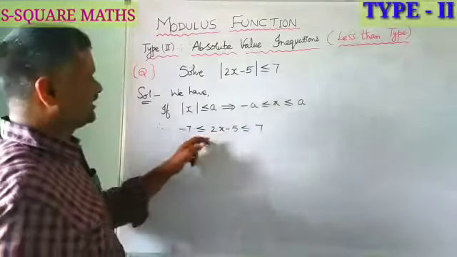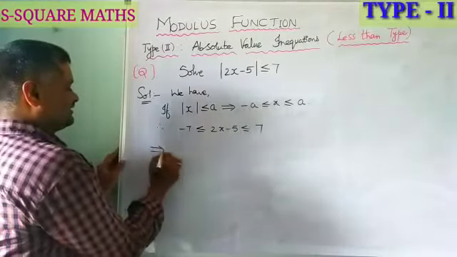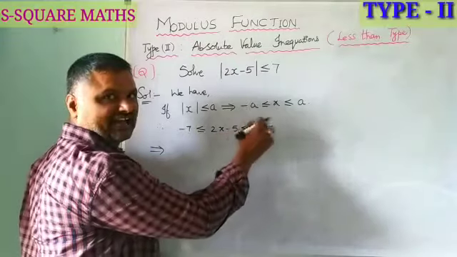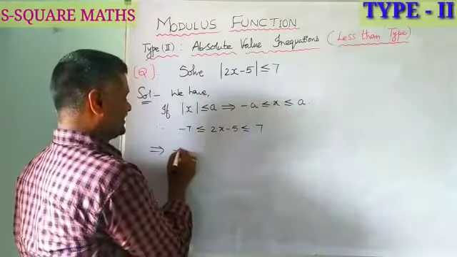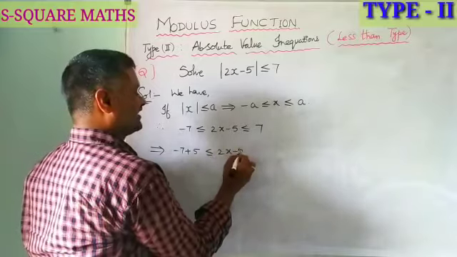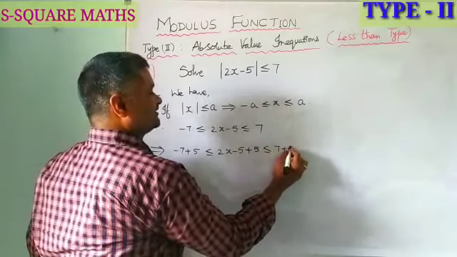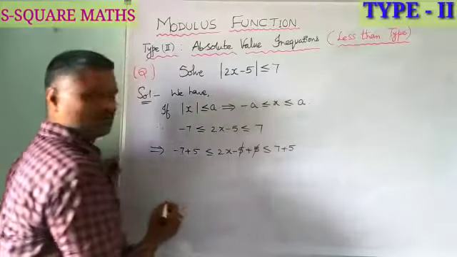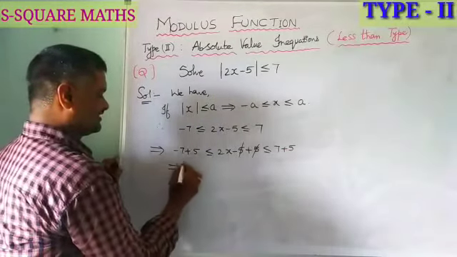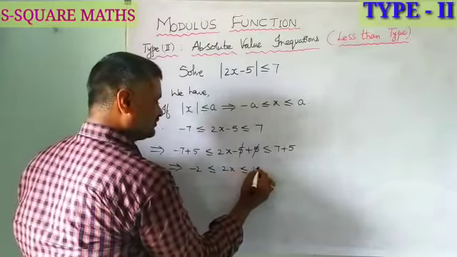So 2x minus 5, to get x here we have minus 5, add 5 on both sides. So minus 7 plus 5 less than or equal to 2x minus 5 plus 5 less than or equal to 7 plus 5. So minus 5 plus 5 is 0 here. So this is minus 2 less than or equal to 2x less than or equal to 12.